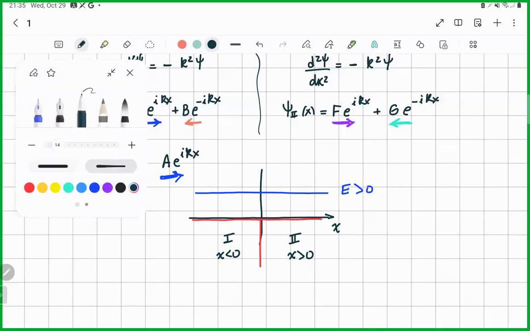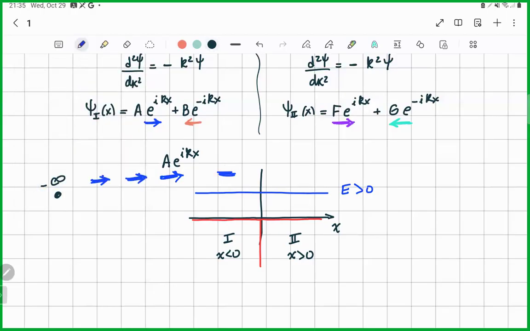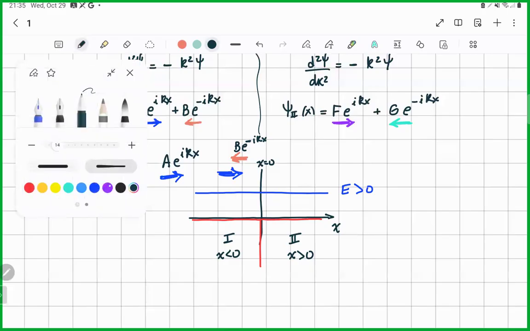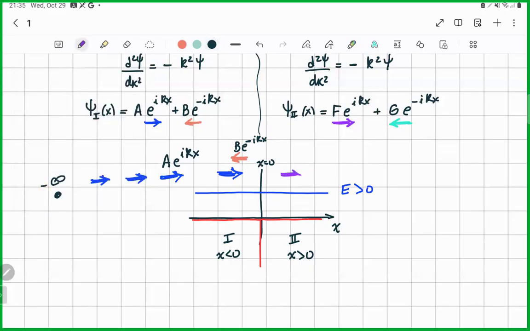It's propagating to the right until we reach this position x0, where there is some obstacle, there is some perturbation there that the wave will notice, will feel. When it reaches this point, part of it gets reflected because there is something happening there. So this is the B with the minus ikx. Part of it gets reflected, but part of it gets transmitted, and that's the F part.